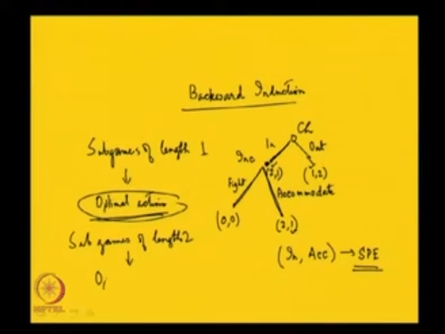And so, we again have optimal actions at this stage, and likewise we go on. So, we go backwards from subgames of length 1 to length 2, maybe 3, till we reach the beginning of the game. And the series of optimal actions that we trace out by this process are nothing but the subgame perfect equilibria or equilibrium. So, this is basically the method.